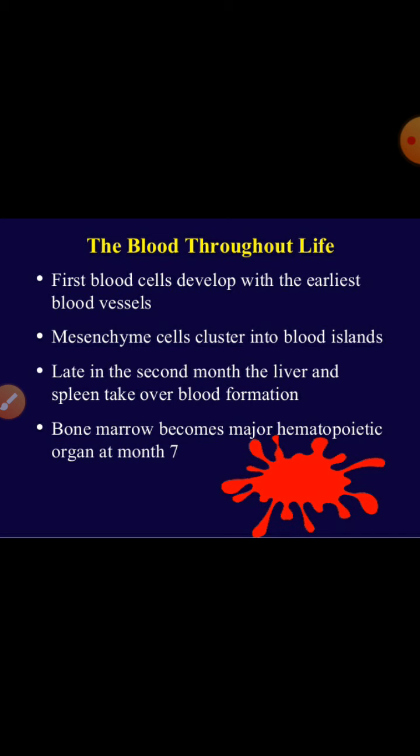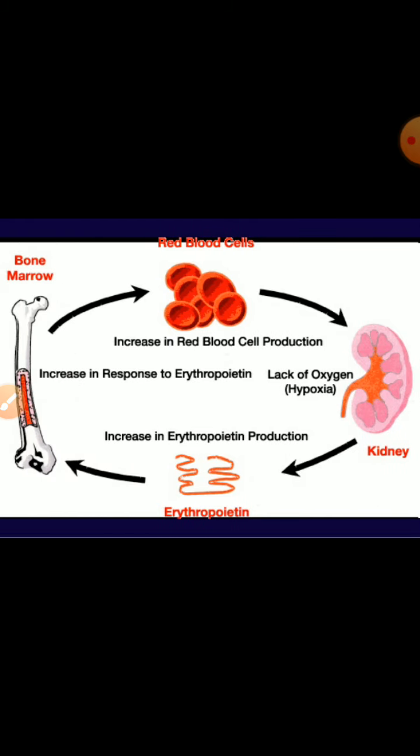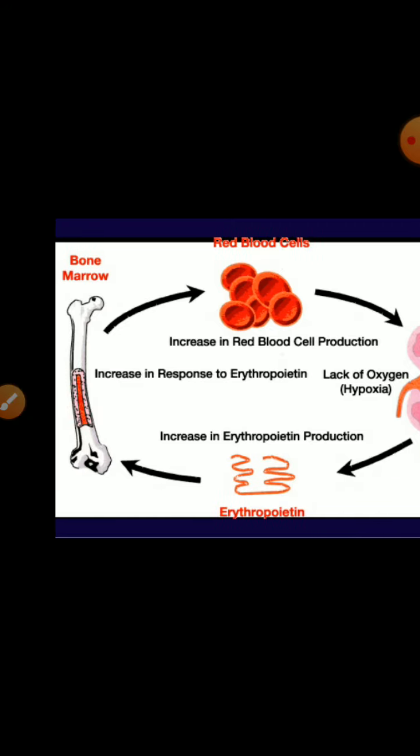Then bone marrow becomes the major hematopoietic tissue at month 7. So there is a chart of formation of RBCs from bone marrow, which clearly demonstrates the production of RBCs.